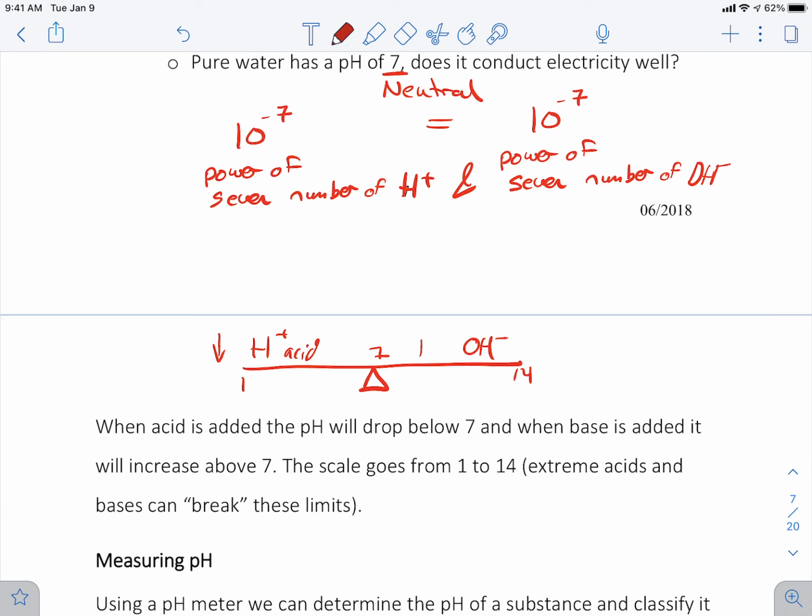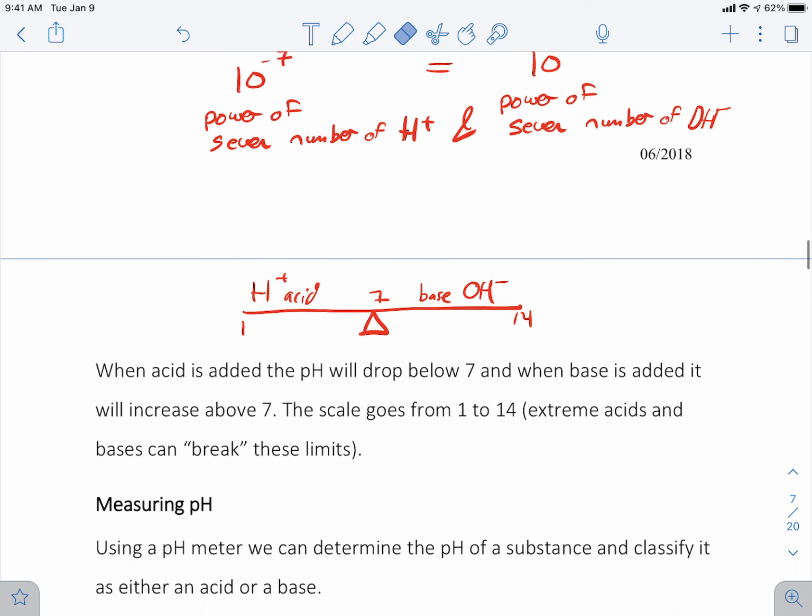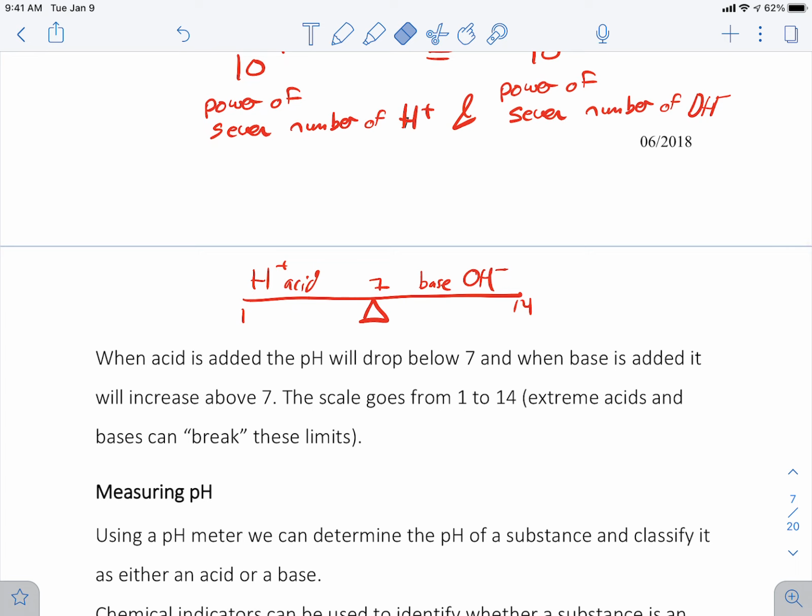If you add base, you're pushing down on the hydroxide side, so you'll push towards 14. One of the tricks about acids and bases is that you can go back and forth as much as you like, and the system can be rebalanced in different ways. So when acid is added, the pH will drop below 7. When base is added, the pH will increase above 7. The scale goes from 1 to 14. There are some extreme examples that break this rule, but for the most part, 1 to 14 will explain almost everything you'll ever encounter in your lives.